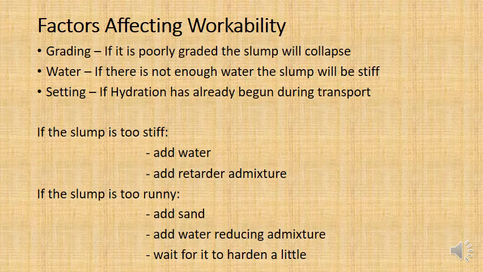It will set, the slump will go stiffer in time, so just wait 10, 15, 20 minutes or even an hour and it'll go stiffer. So normally the biggest issue we have in civil engineering is that the slump is too stiff. We're not too worried usually about the slump being too runny, unless it's so runny that the slump collapses, which is a weak concrete.